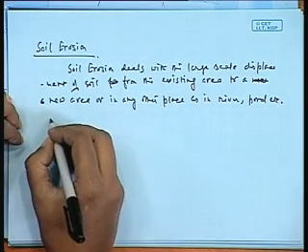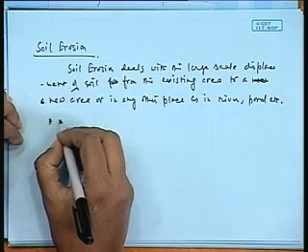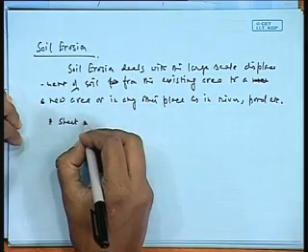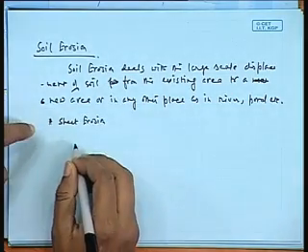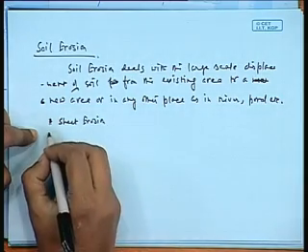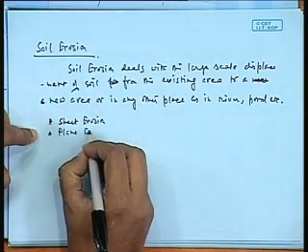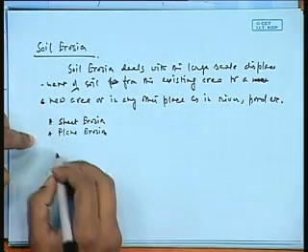Now, having said that, there are a few important, different kinds of soil erosion that we discuss today. One is called sheet erosion, also known as plain erosion.